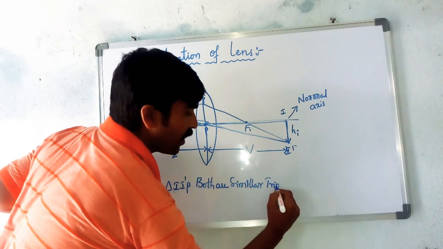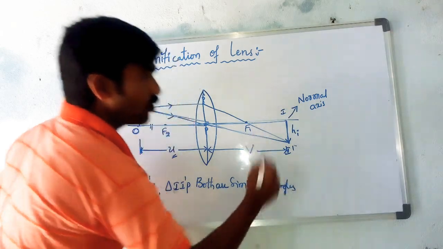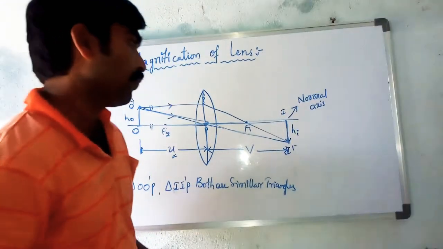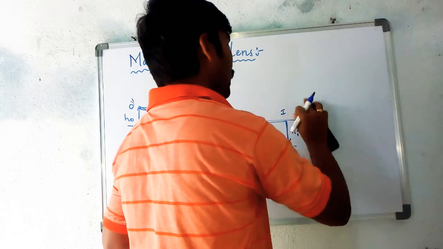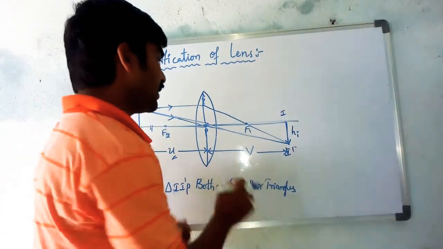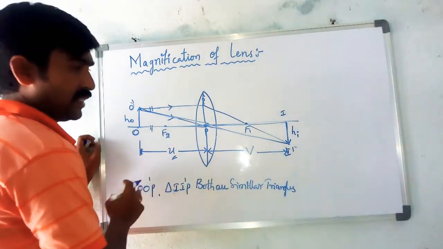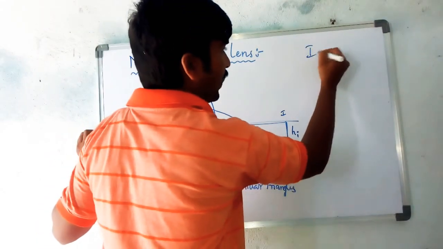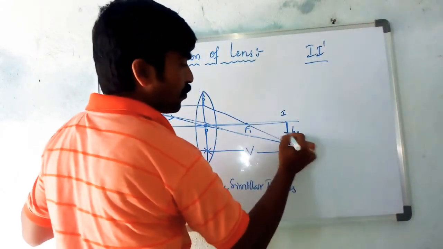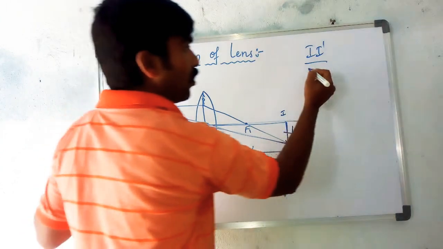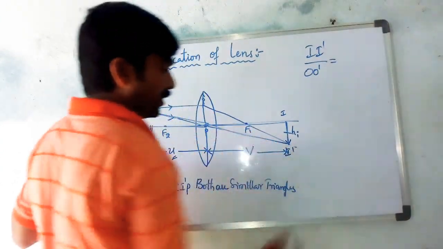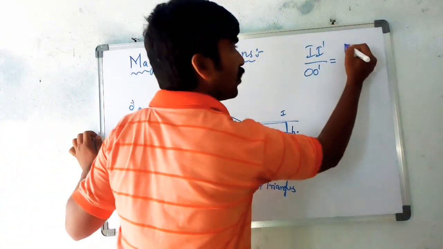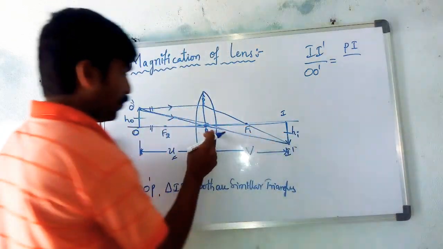For similar triangles we already know the rule: the ratio of the opposite sides is equal to the ratio of the bases. Here, I dash by OO dash is equal to PI by PO.